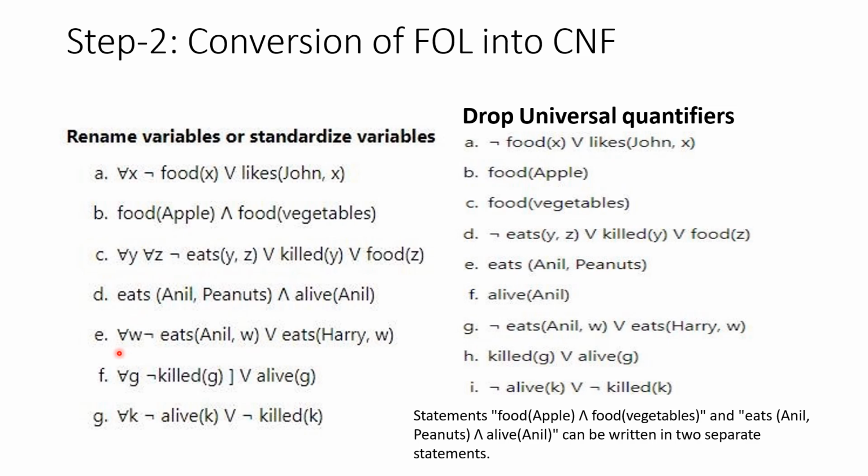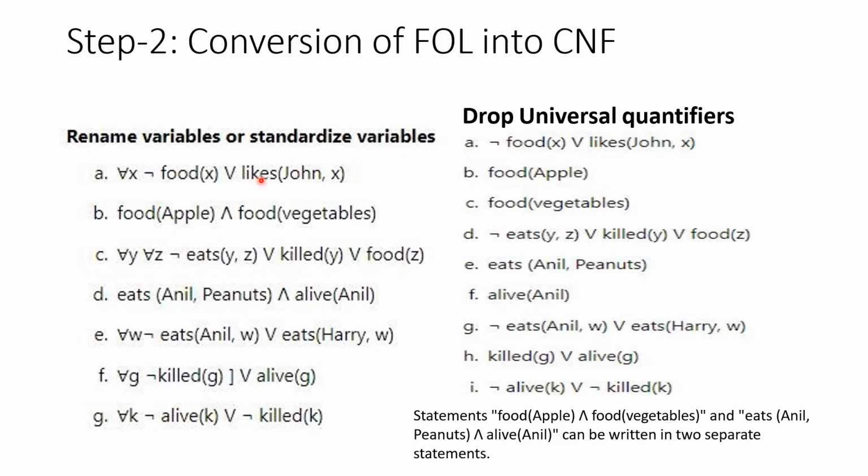Then for e we are giving x, y, z, and next the variable we changed to w, and f we have changed to a new variable name, g, and for g we are giving k. So we are giving all variables a unique name for each clause.